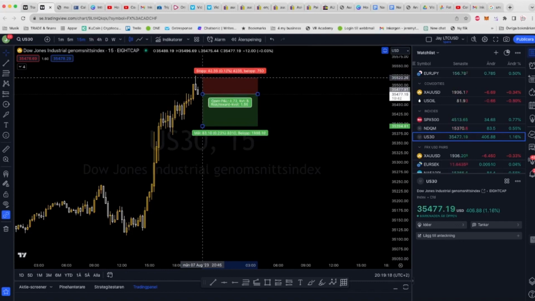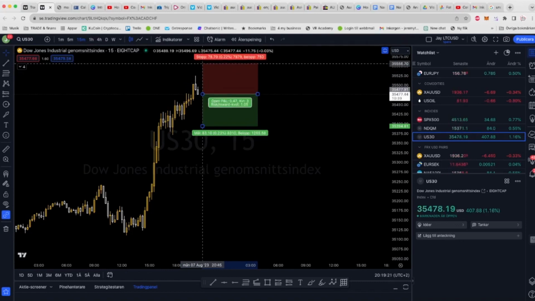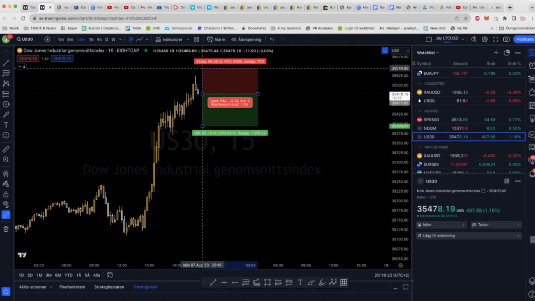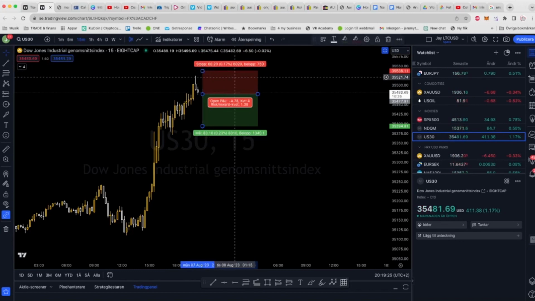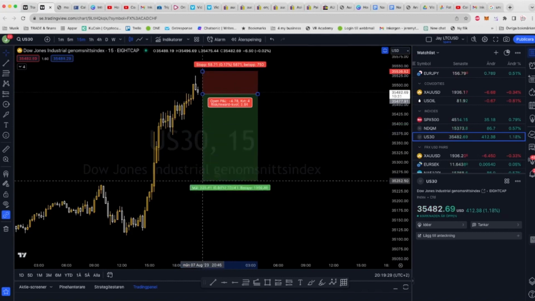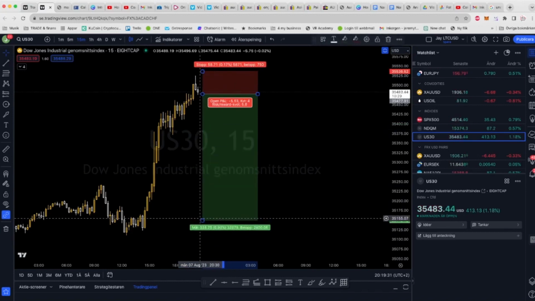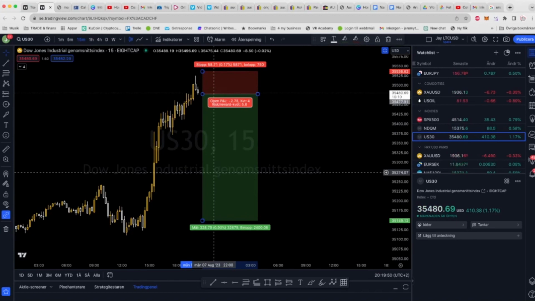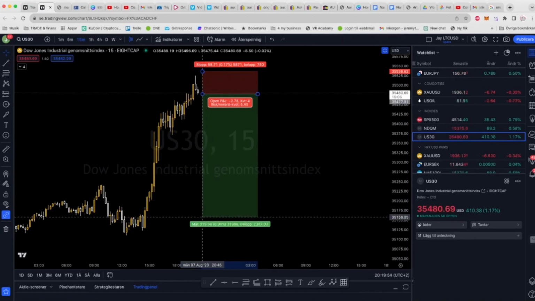Where you should put your stop loss depends on the strategy you are trading. Depending on what strategy you are trading, you will know where you should put your stop losses and also where you should put your take profits. Take profit is exactly the same as stop loss, but the opposite. That is a limit for the profits that you want to take, because you don't know how far in profit your trade is going to go, right?